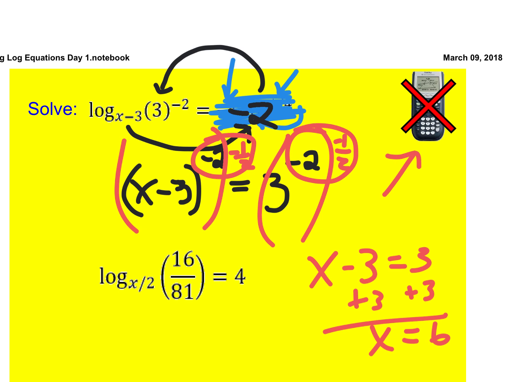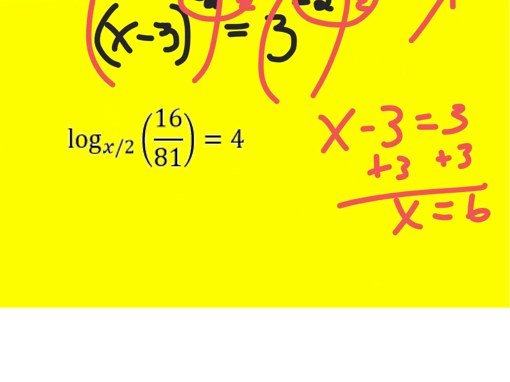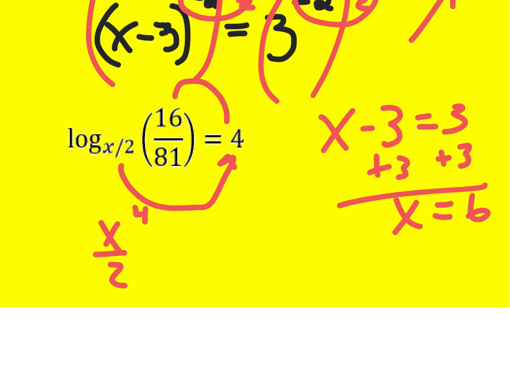All right, not gonna lie, these are kind of complicated and there's a lot of algebra. You almost have to be an algebra ninja to be able to figure these out. X over 2 to the 4th equals 16 over 81. Ooh, I smell a simplify.